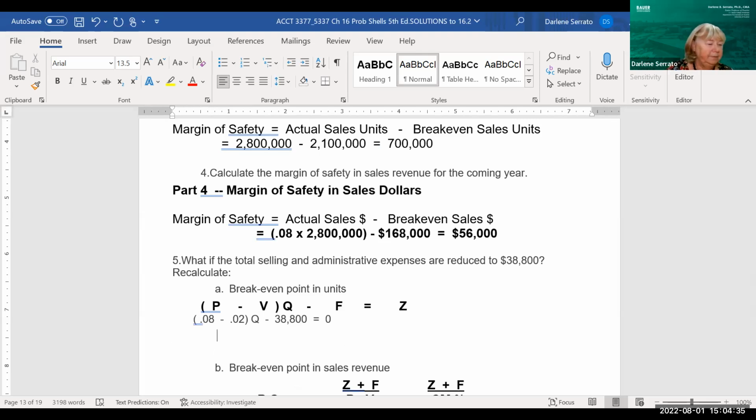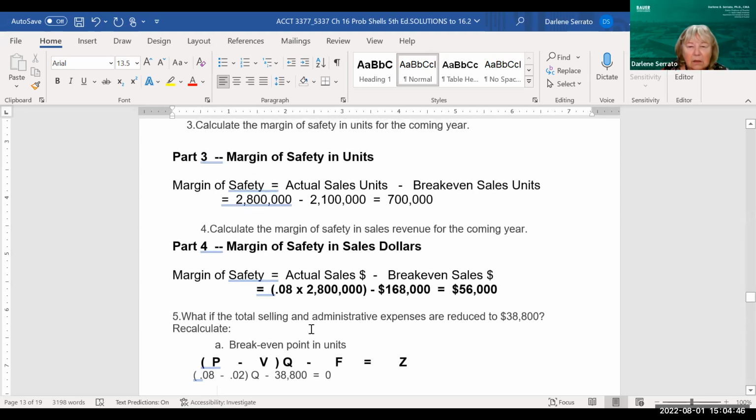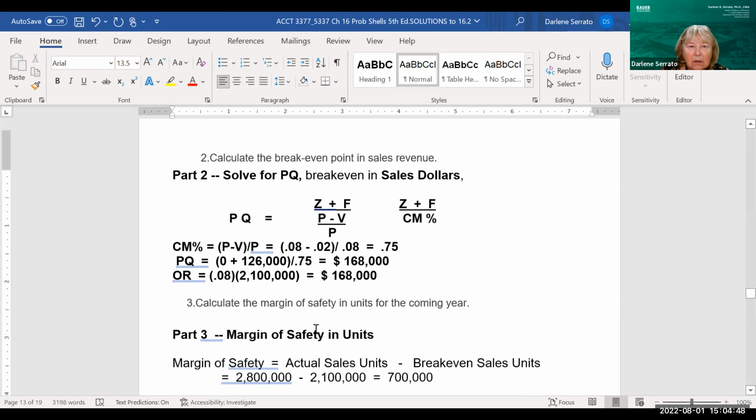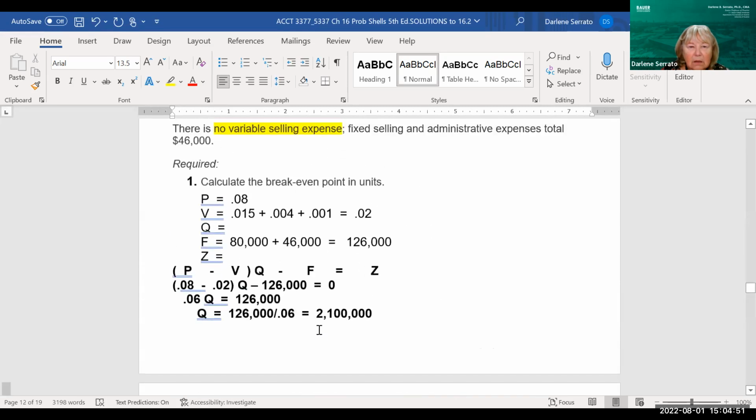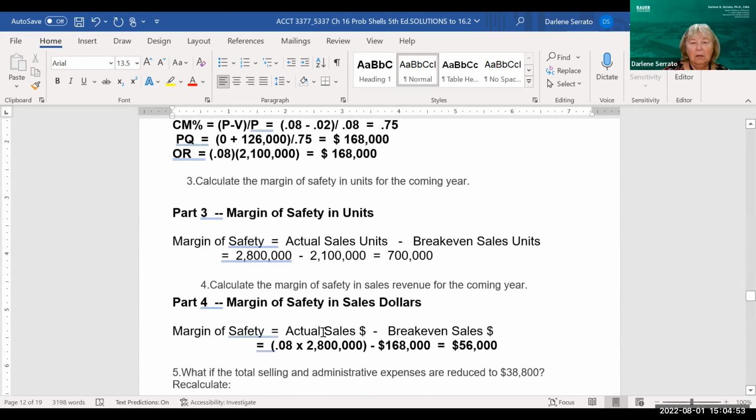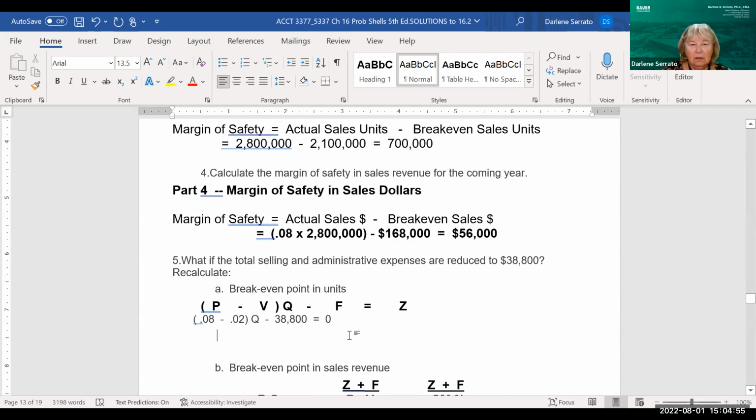Okay. So that is 0.06 Q is equal to 38,800.